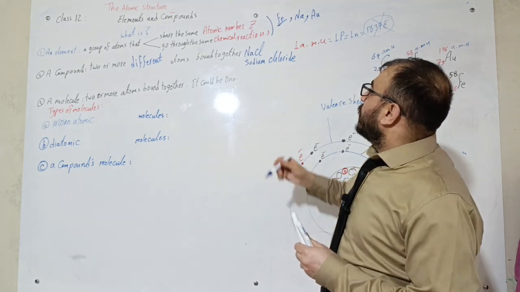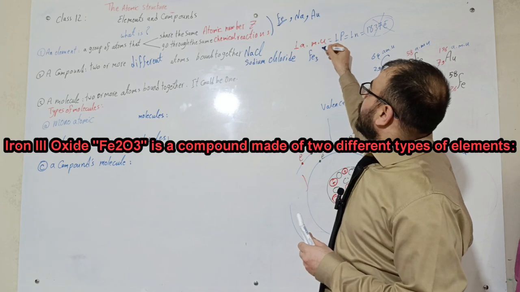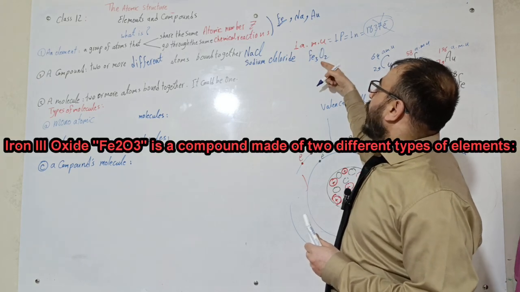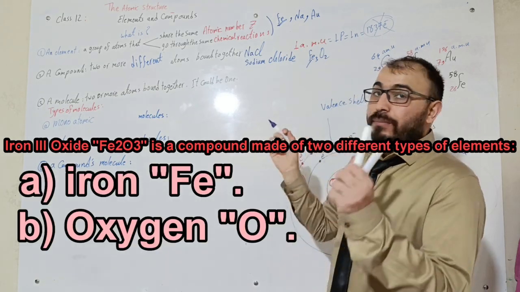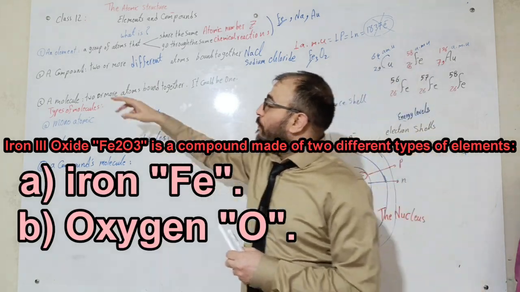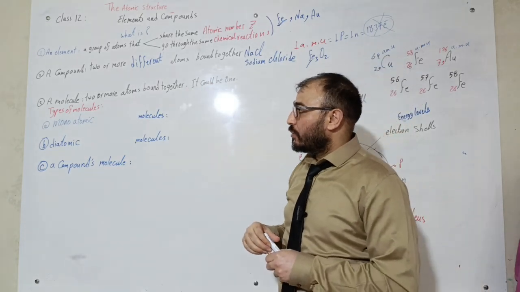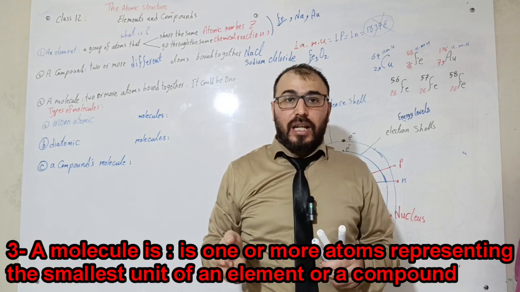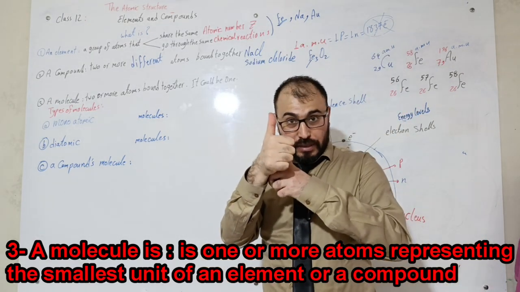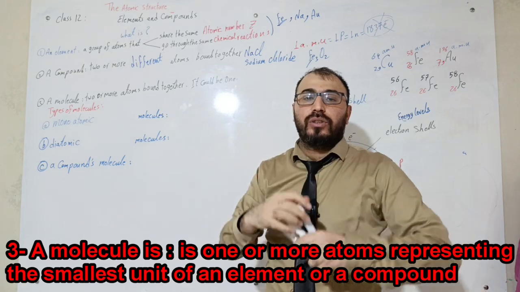And another example, this is iron 3 oxide, which is made up of iron and oxygen bound together. So the compound is made up of two or more different atoms bound together. What about the molecule? Generally, a molecule could be one atom alone. It could be two or more atoms bound together.